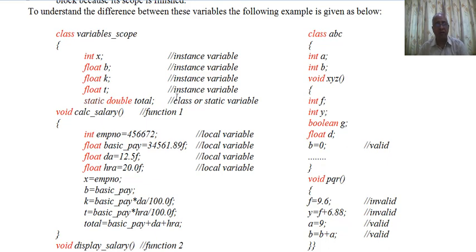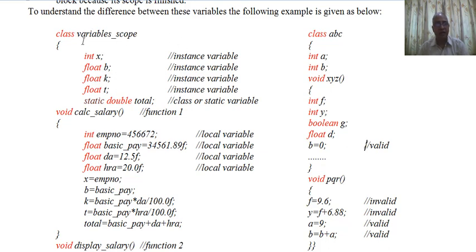Now some more about a static variable is that a static variable holds the value, only one copy of the variable is valid, whereas instance variables can make several copies for several objects.